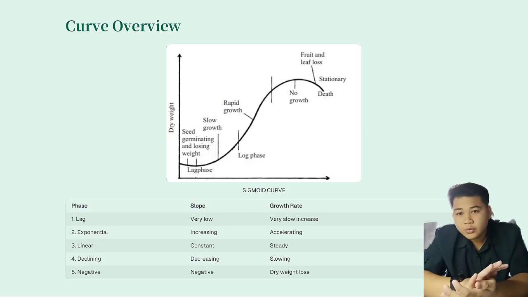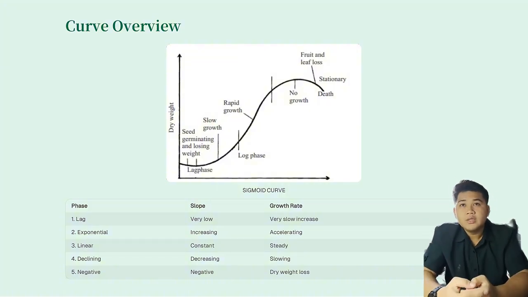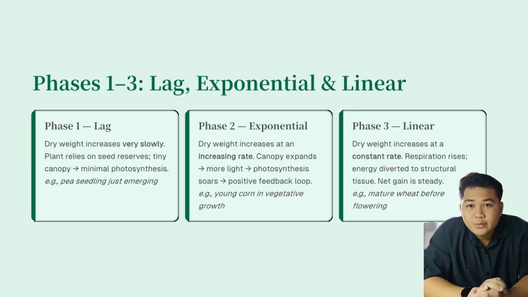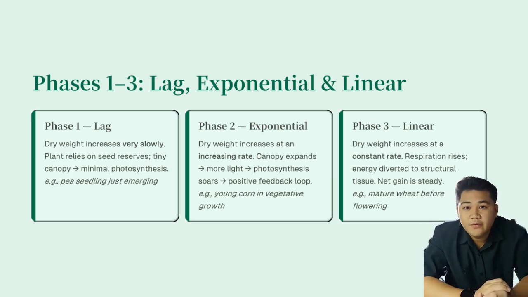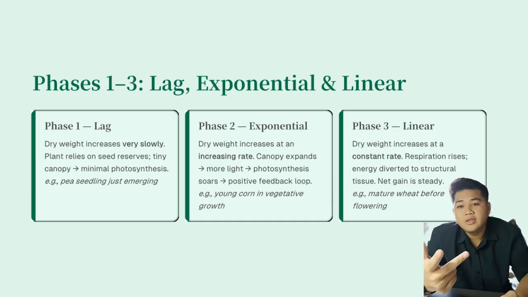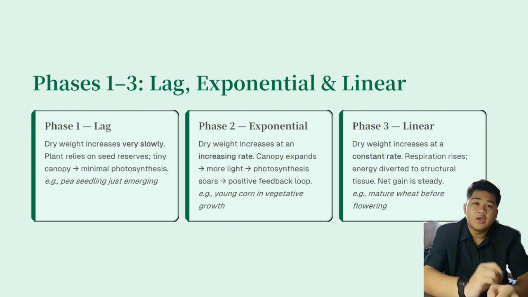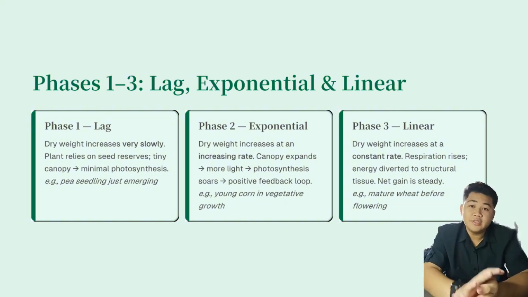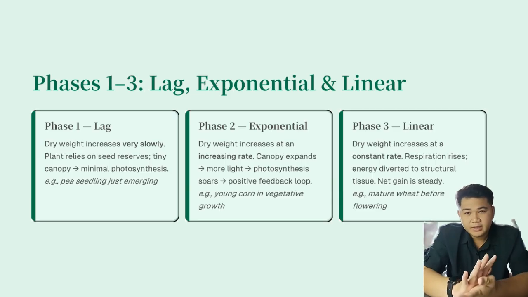Now let's go through each of these phases in detail, focusing on the physiology behind the shape. So on the next slide, we go through phases 1 to 3, which are lag, exponential, and linear. The first phase is the lag phase. The dry weight increases very slowly. The slope is almost flat.